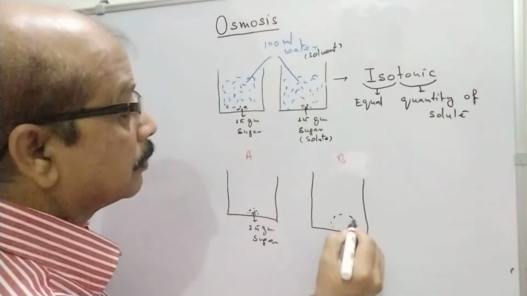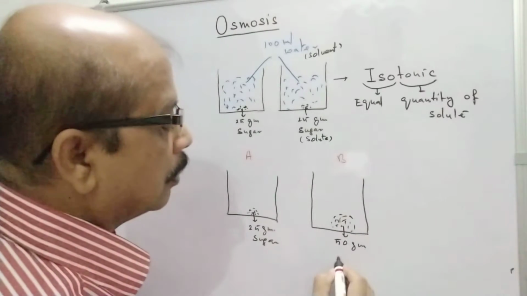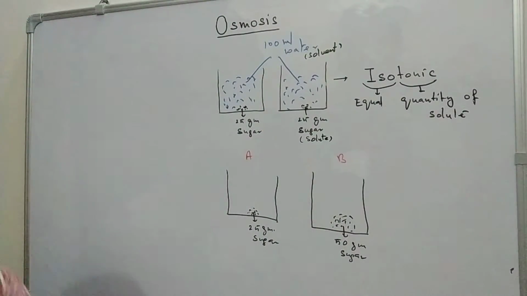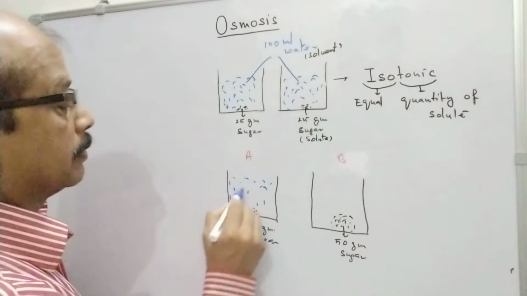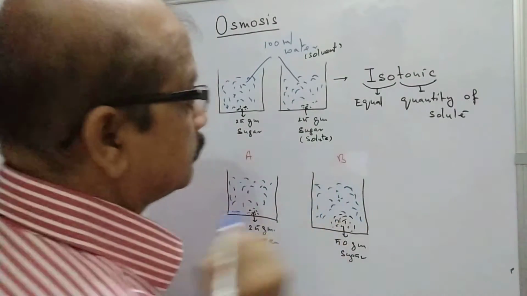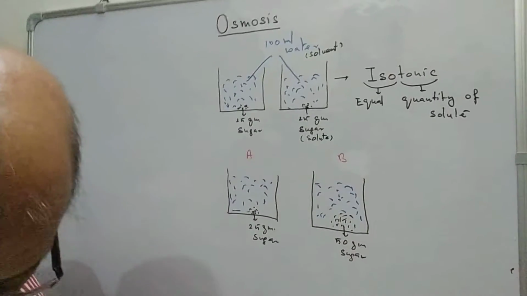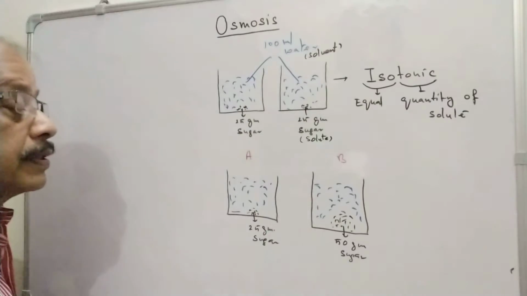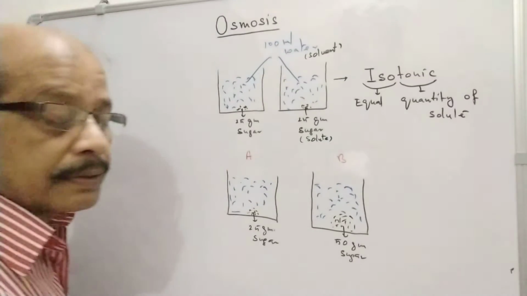Here B has 50 gram of sugar. Now again we will fill it with 100 ml of water. Right? Now one can ask you, what is sweeter? You will say that the quantity of sugar is more here, so it is sweeter. Here less, so less sweet.